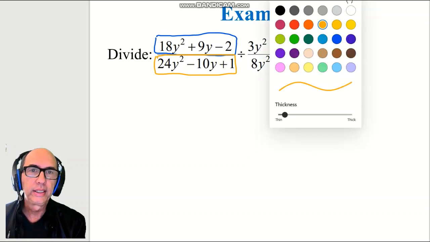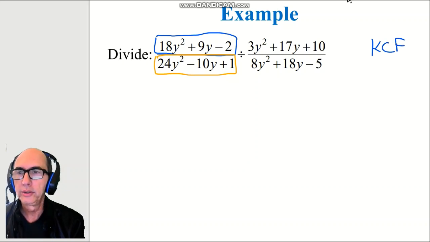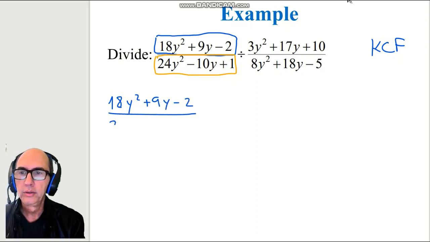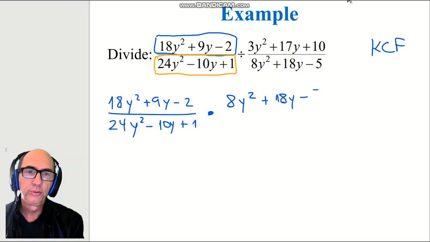Okay, but the first thing we are able to do is change the division into a multiplication. So you can write 18y squared plus 9y minus 2 over 24y squared minus 10y plus 1, times, change to multiplication and flip, 8y squared plus 18y minus 5.